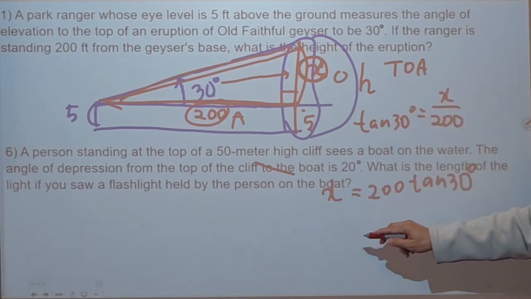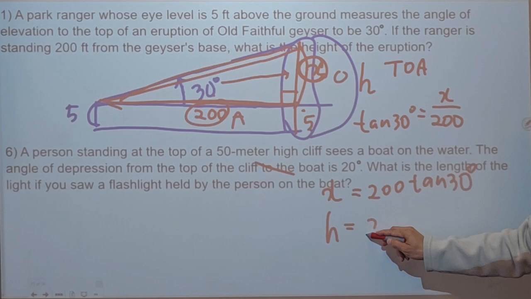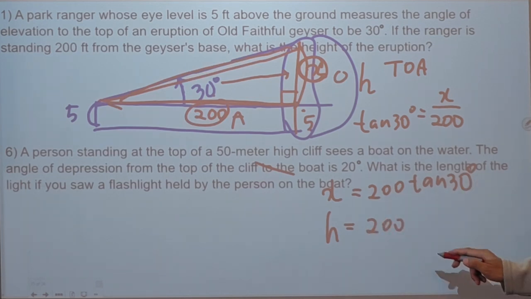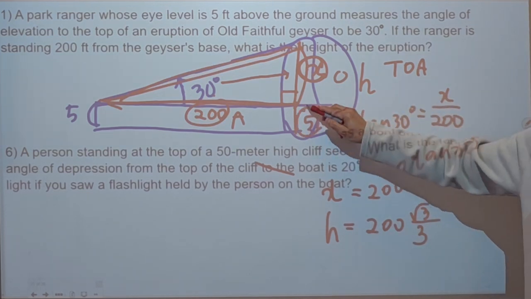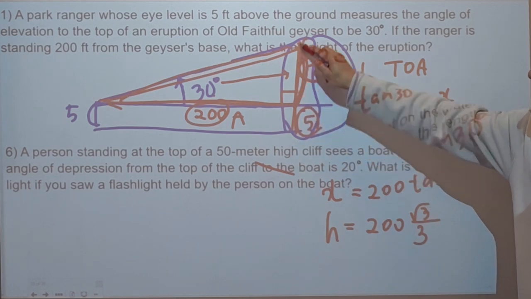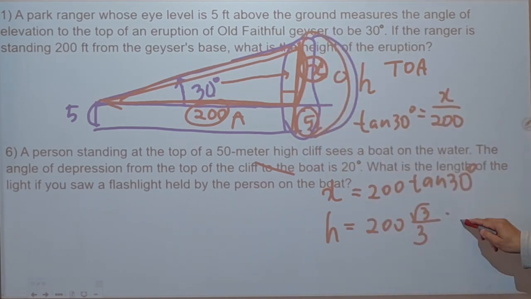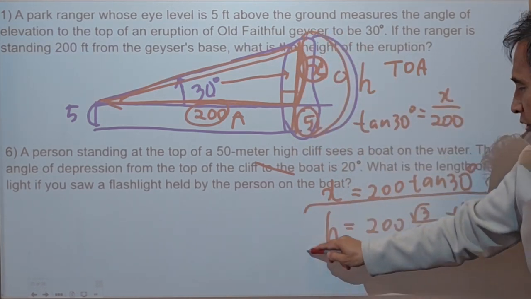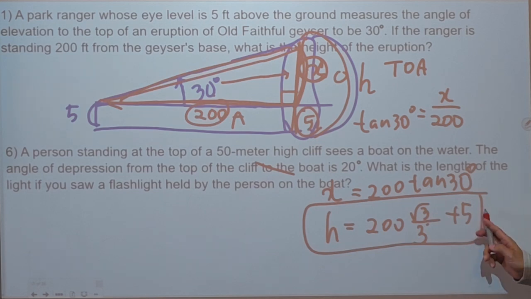But they're asking for height, right? Height is 200 times tangent 30, which is root 3 over 3. So you can write root 3 over 3. And for the height, you need to add this 5, because this x is what we found, but they're asking for the total. So you need to add 5. That's the final answer. You can use a calculator, but that's for now.